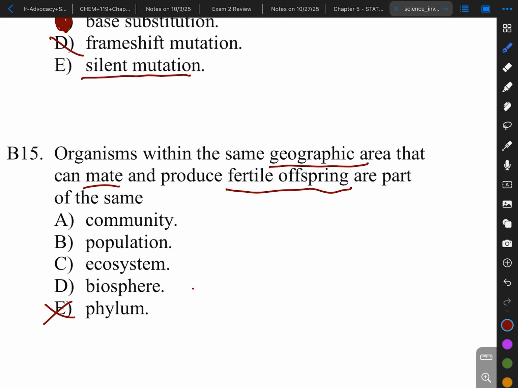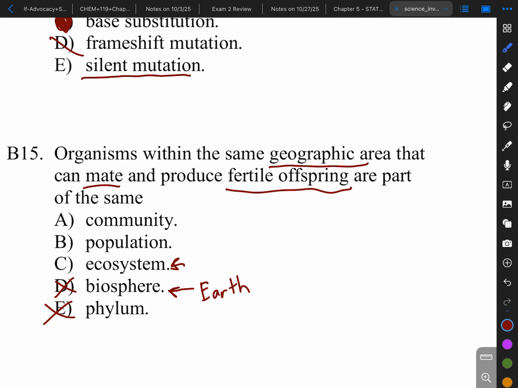Would it make sense for animals at the same biosphere, which is basically Earth? Would it make sense for any two animals on planet Earth to mate? Can they produce fertile offspring? Can they even mate to begin with? No. Let's just say a polar bear cannot mate with a penguin. That makes no sense.